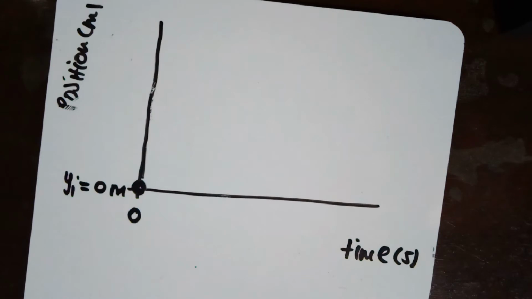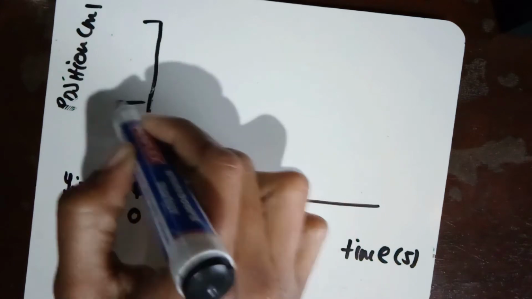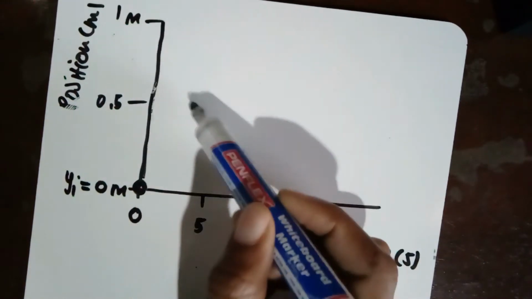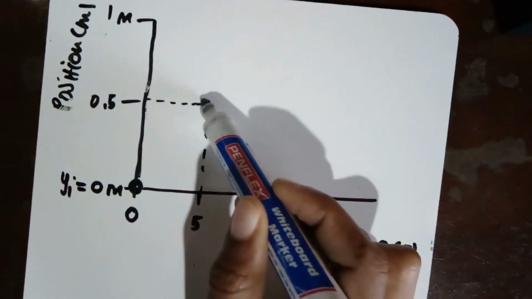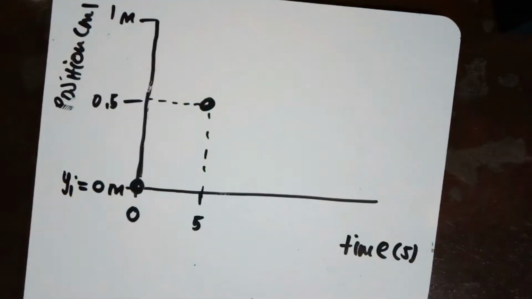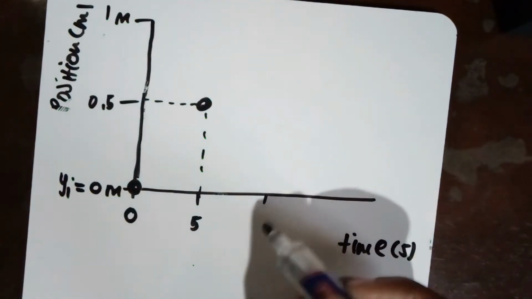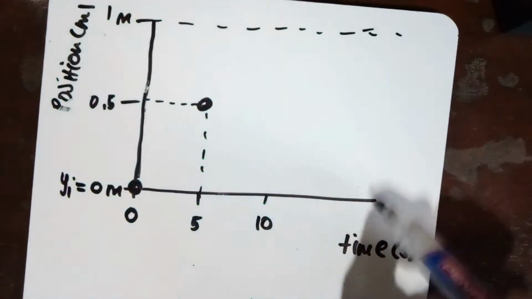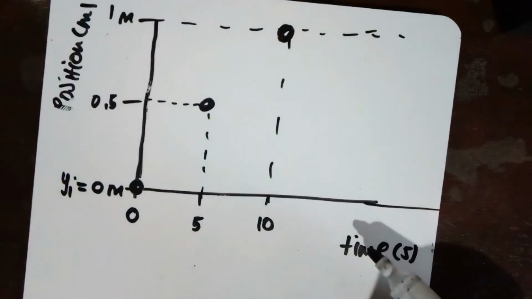After 5 seconds, your projectile has reached a position of about 0.5 meters, and then after an additional 5 seconds it will have reached the maximum height there at 1 meter.